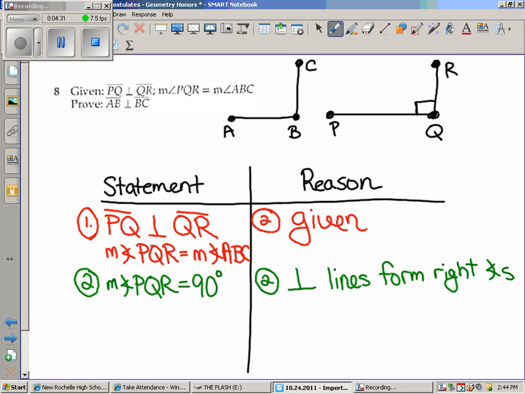Oh, that's stupid. My bad. So perpendicular lines form right angles.